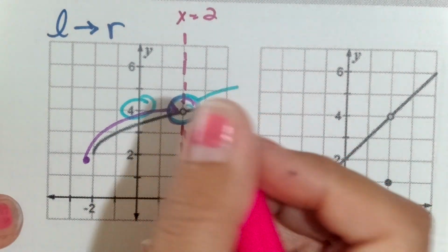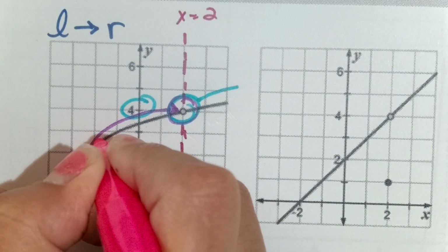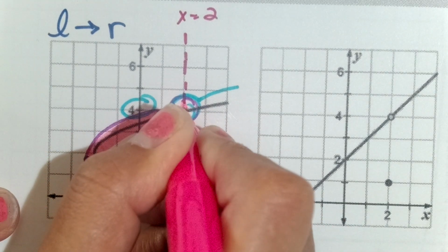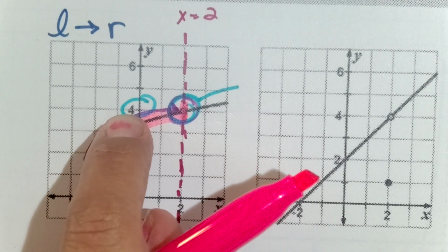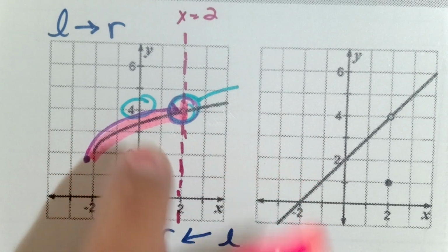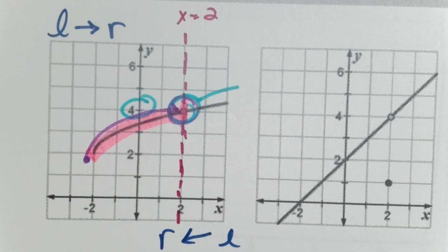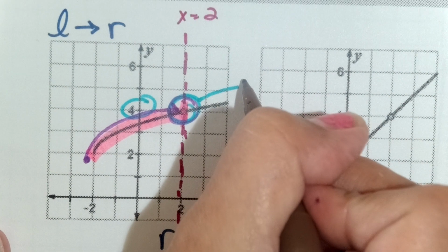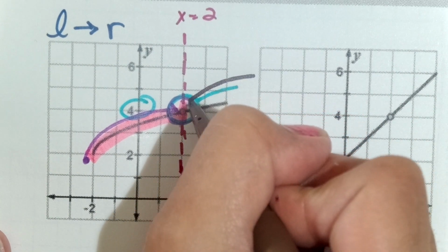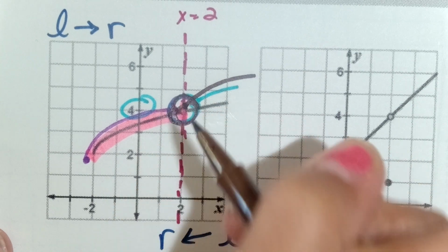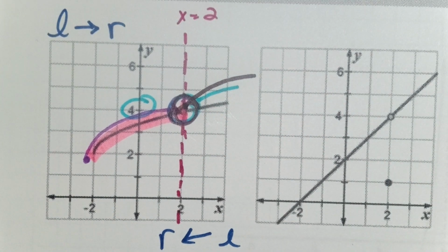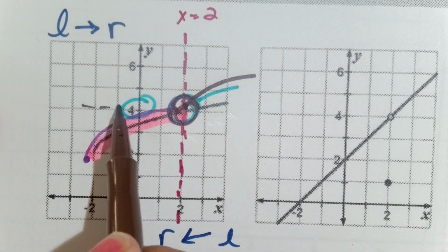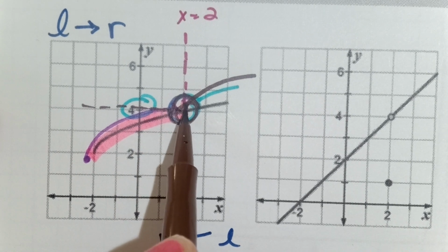So, if I trace from the left side of the graph and stop here, the number's 4. Got it? Okay. I don't have another highlighter, so I'm going to use brown. If I go from the right side of the graph and stop here, that number is also 4. So remember, this is 4 because it touches that point right there.